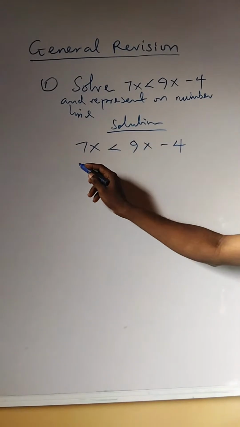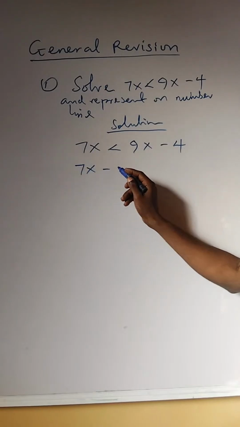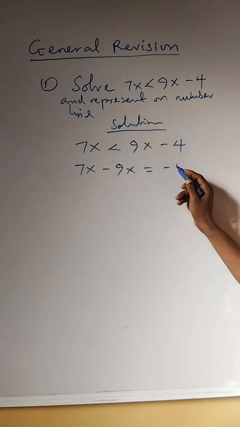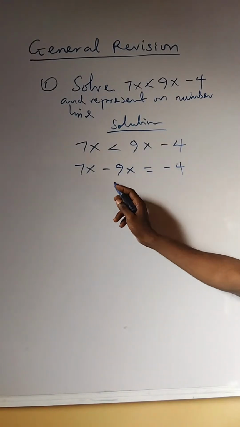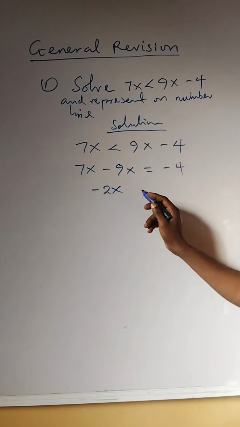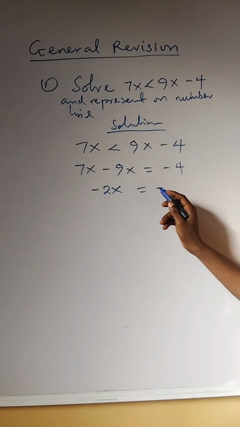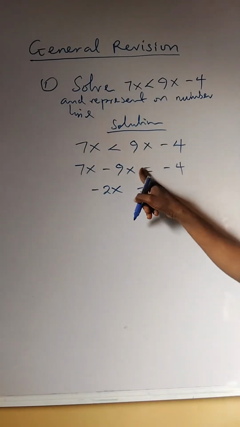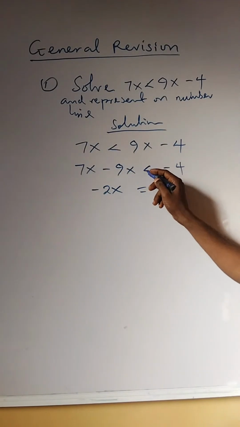It will become minus. So we have 7x minus 9x, and we have minus 4 here. And 7x minus 9x gives us minus 2x, less than minus 4. We maintain this sign, it is less than.